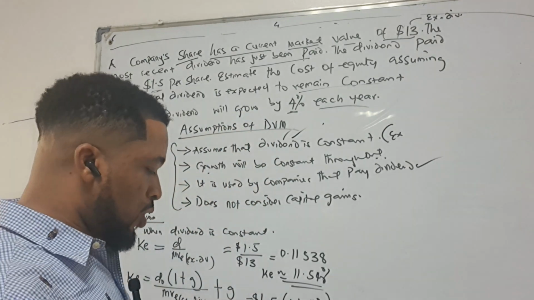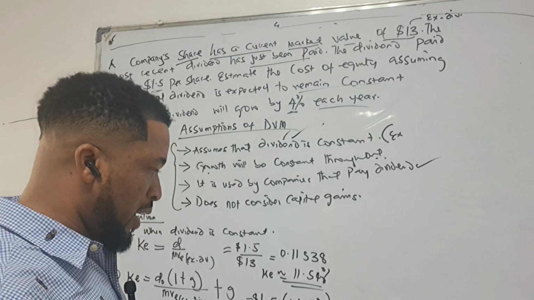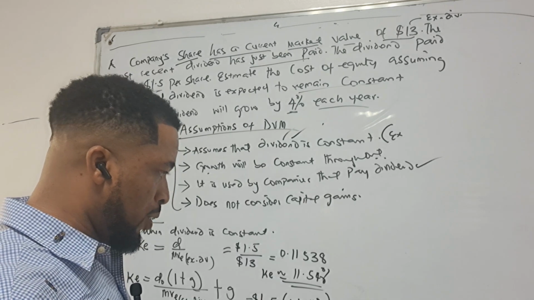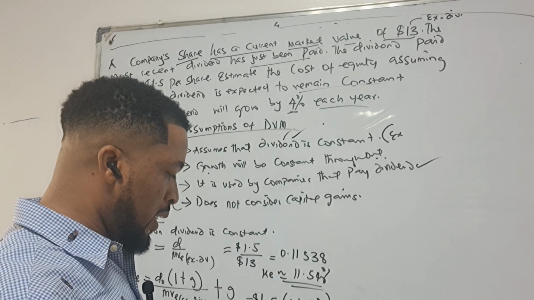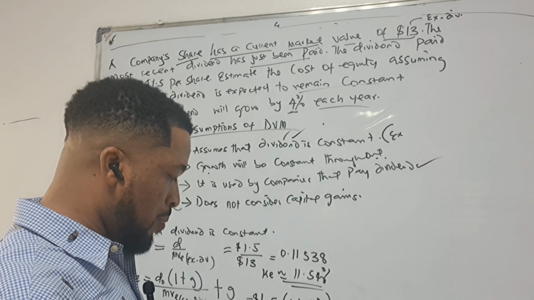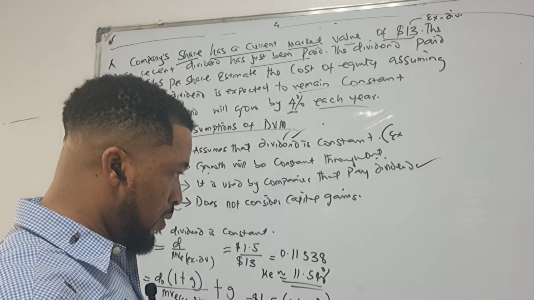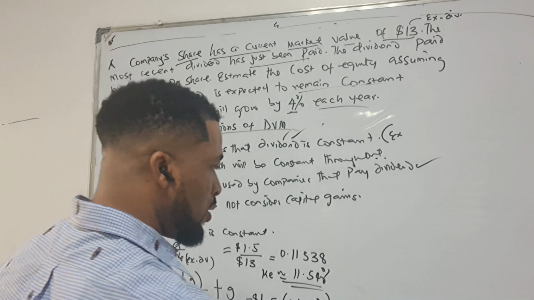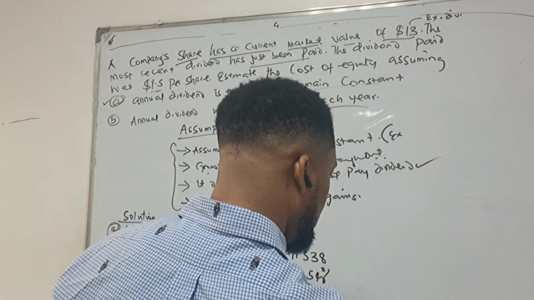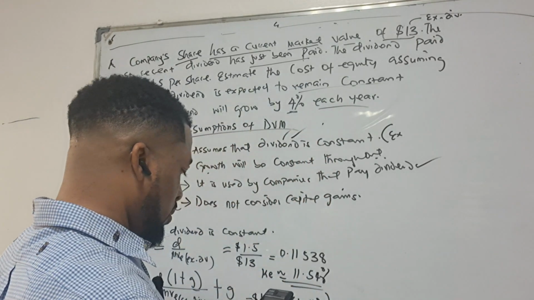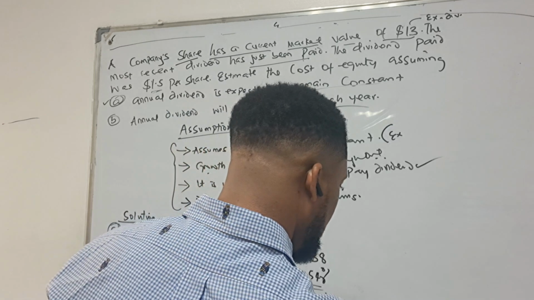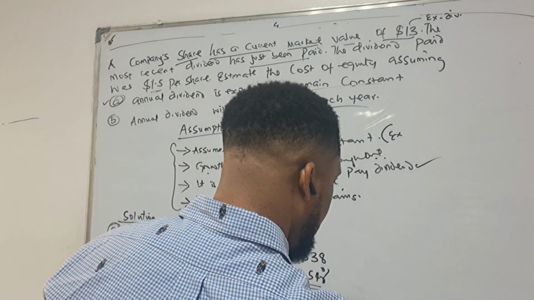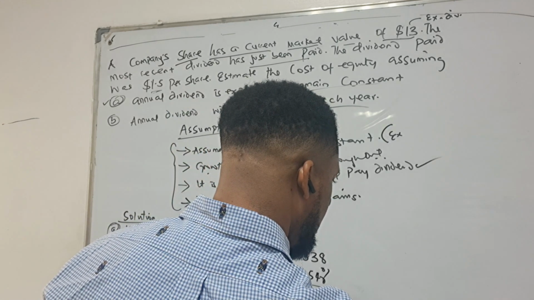On my calculator, that should give me 0.16, and my KE becomes 16%.